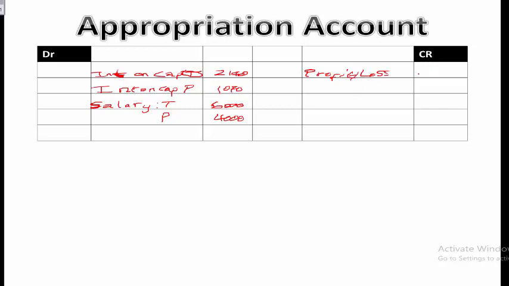Now in this case it's a profit. The profit or loss is 22,480, because I've already done the income statement, and you need to do the income statement for you to be able to have this amount, right?